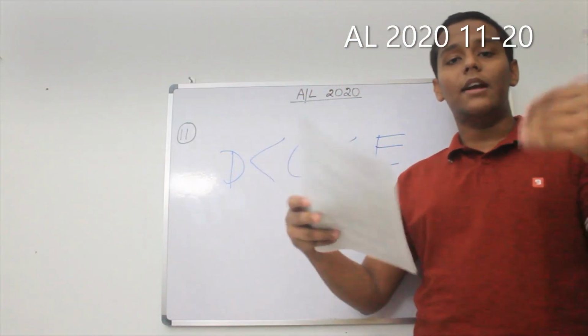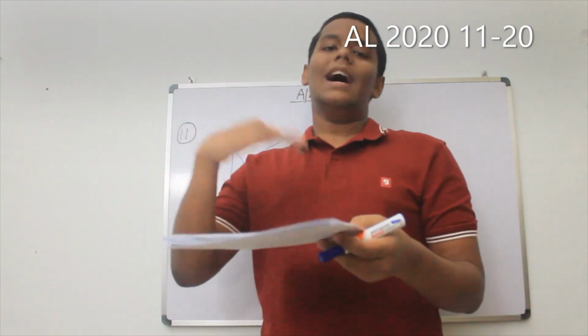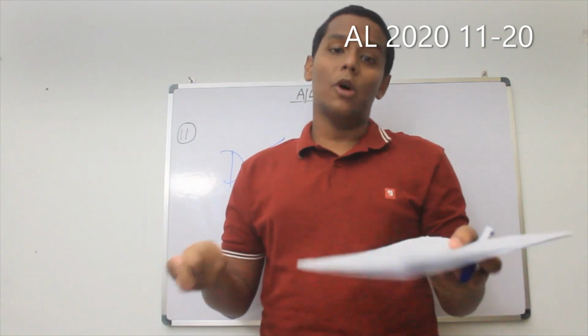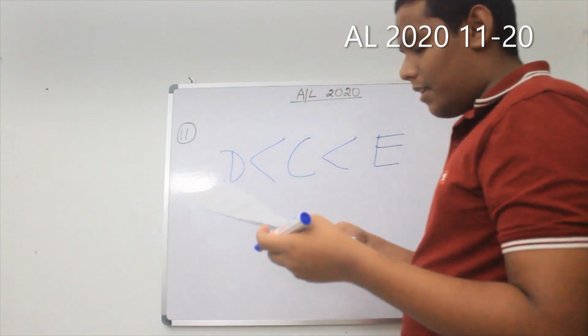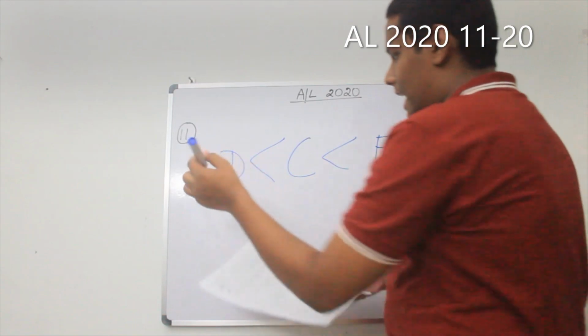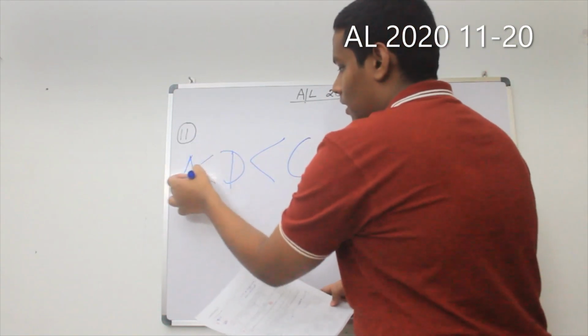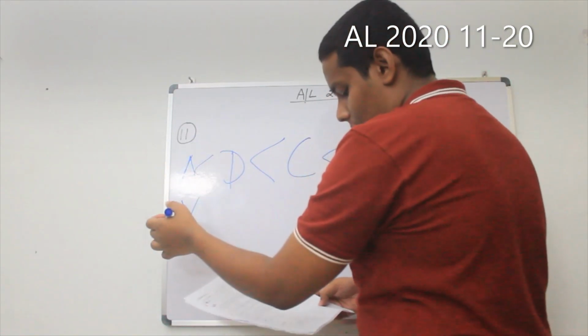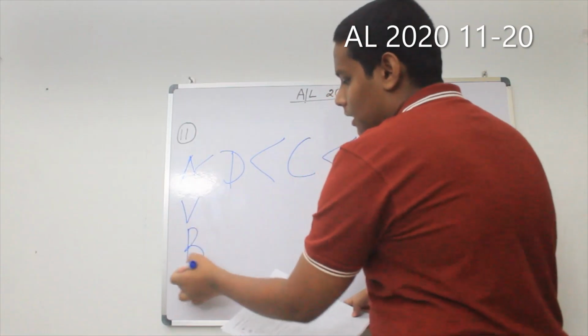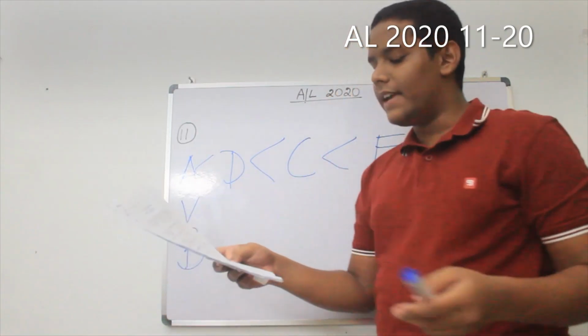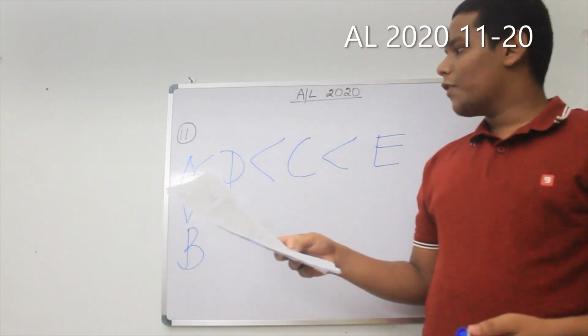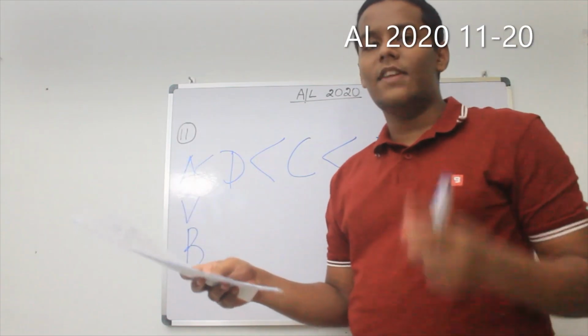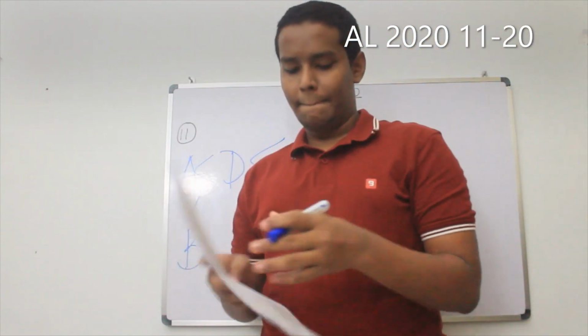So if the London forces on a molecule are less, then the boiling point is also less. So the next one will be A, and finally you will have B. The correct graph that gives you such a variation is the second one. So for question number 11, your answer will be the second one.